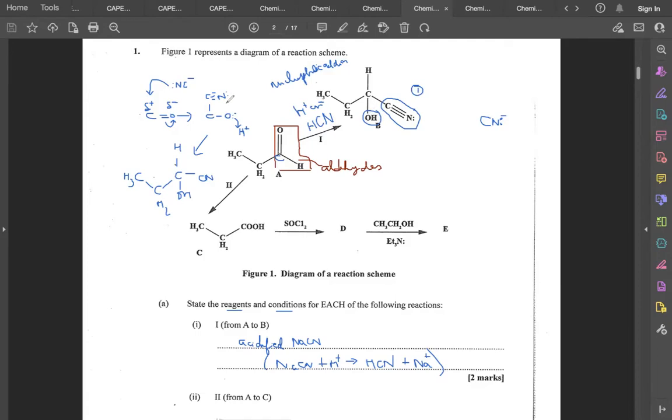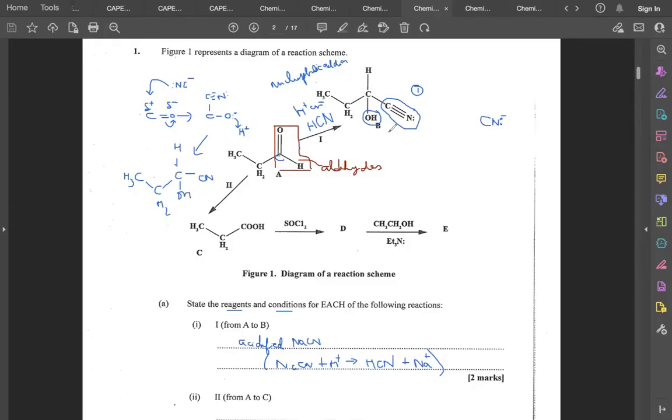So that's how this OH came about. This oxygen took away the electrons from the carbonyl bond, has a net negative charge, and then attracts this H plus ion floating around in the solution from the HCN, and then it forms OH, and we just end up having this structure. This is a completely new structure. Does that make sense?